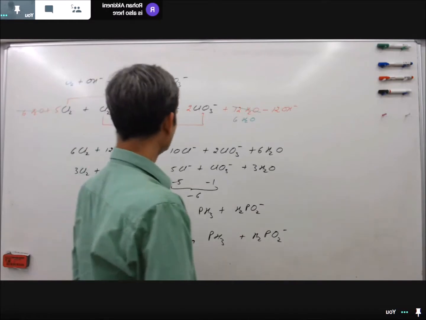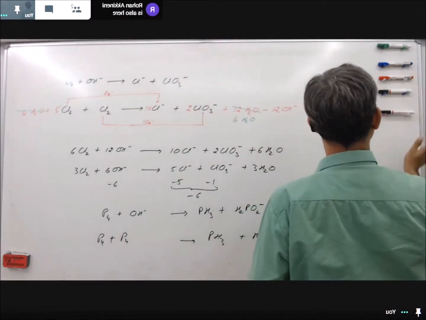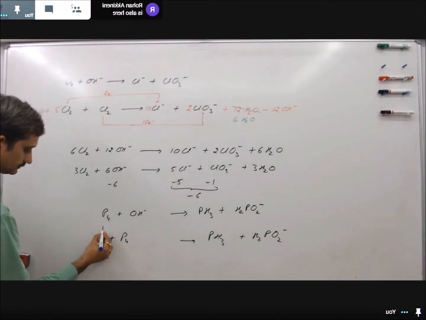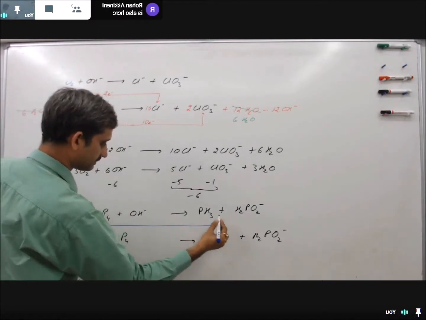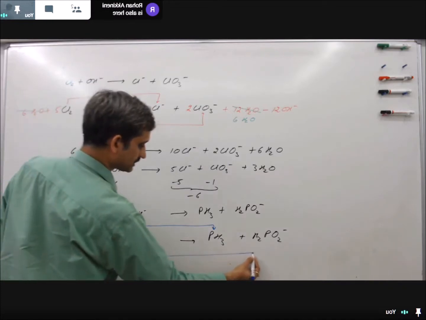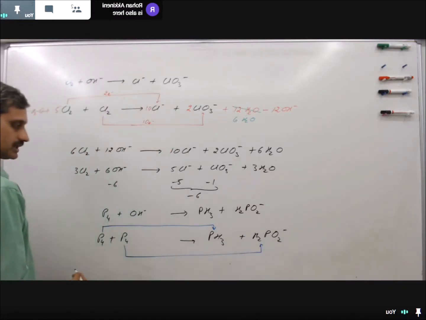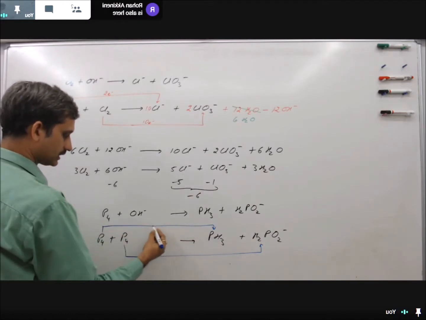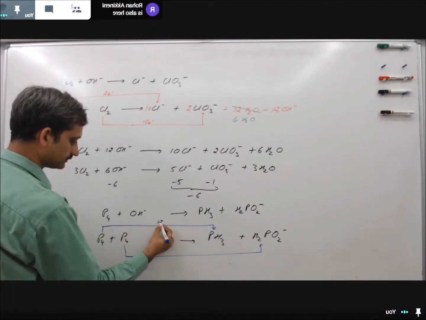Now we get it like this. This 4, P4 gives PH3. This P4 gives H2PO2 minus. Now here the change is 12.